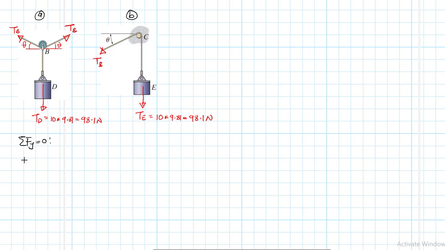The tensions are the same, so this is just 2 TB sine theta minus 98.1 equal to 0. Therefore TB is going to be equal to dividing 98.1 by 2, which gives us 49.05 divided by sine theta. So we are done with this first case.